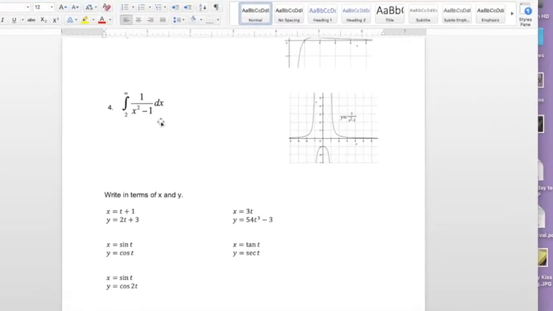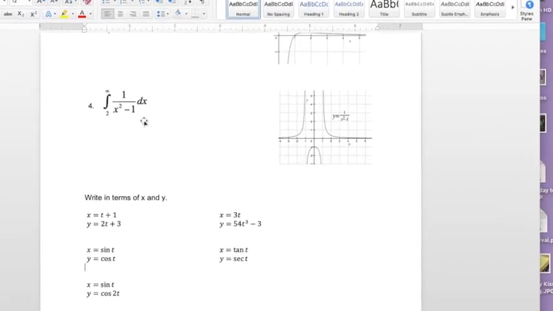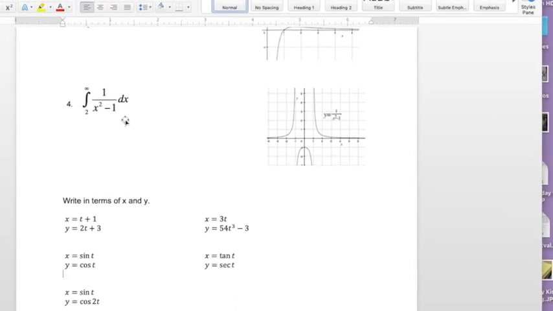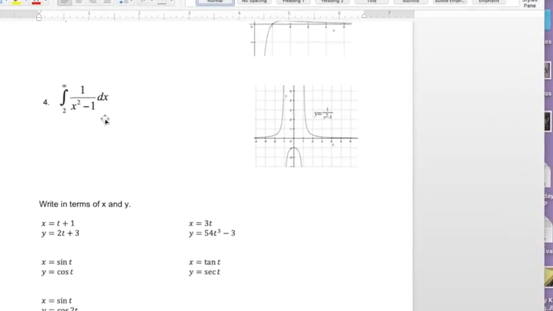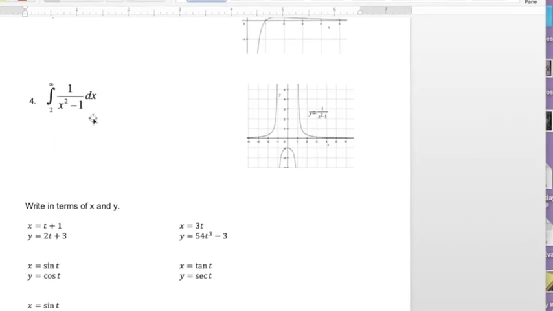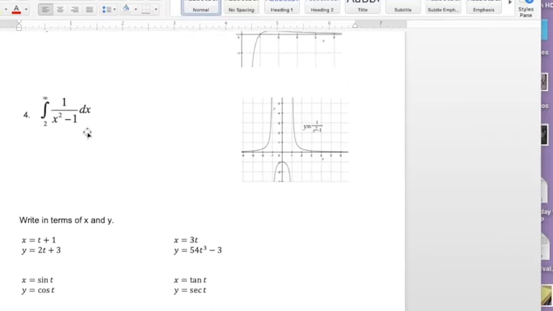And this does converge, and it converges to a value of negative 1/2 times the ln of 1/3. You might be saying, wait a second, that is an area above the x-axis. Why is it negative? Well, let me write this out. The area ends up being negative 1/2 times the ln of 1/3.